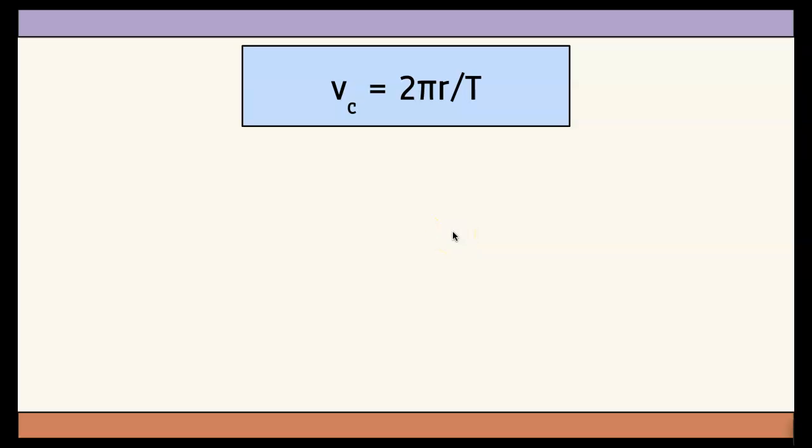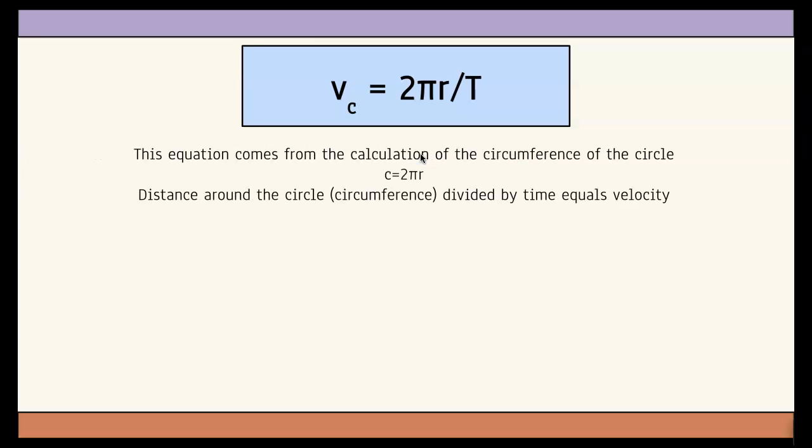From our video analysis, we are going to have our radius and time, and we'll plug that into our velocity equation, which is 2 pi radius divided by time. The equation comes from the calculation of the circumference of the circle: circumference equals 2 pi radius. Distance around the circle, circumference, divided by time, equals the velocity.